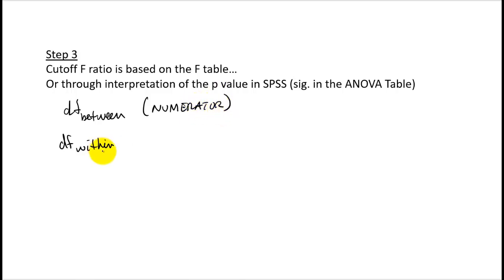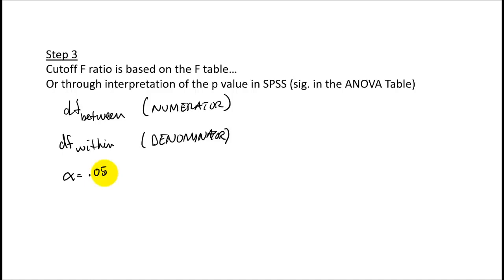And then degrees of freedom within is the denominator. Look at that, fit right in there. And we also know that we're going to use an alpha level equal to 0.05. That's kind of our convention.